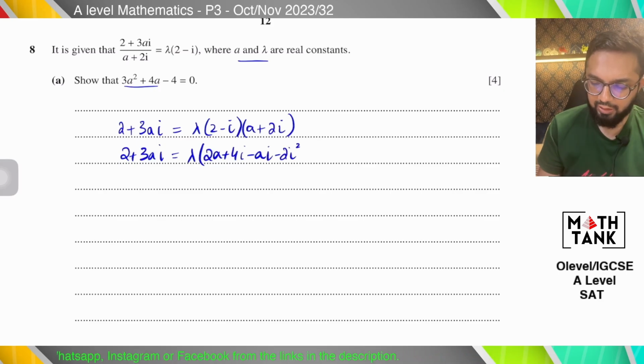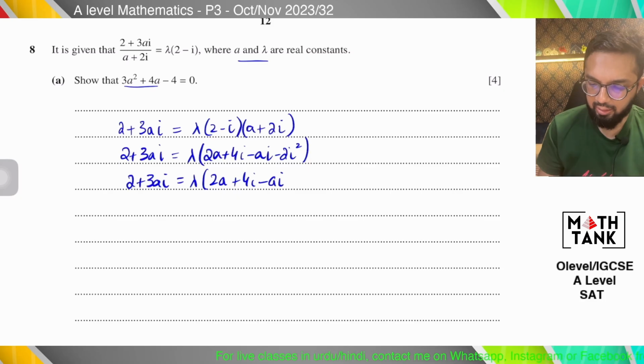I've expanded the brackets. 2 plus 3ai equals lambda times (2a plus 4i minus ai). Minus 2 into minus 1 will give me plus 2. So I get 2 plus 3ai equals 2 lambda a plus 4 lambda i minus a lambda i plus 2 lambda.